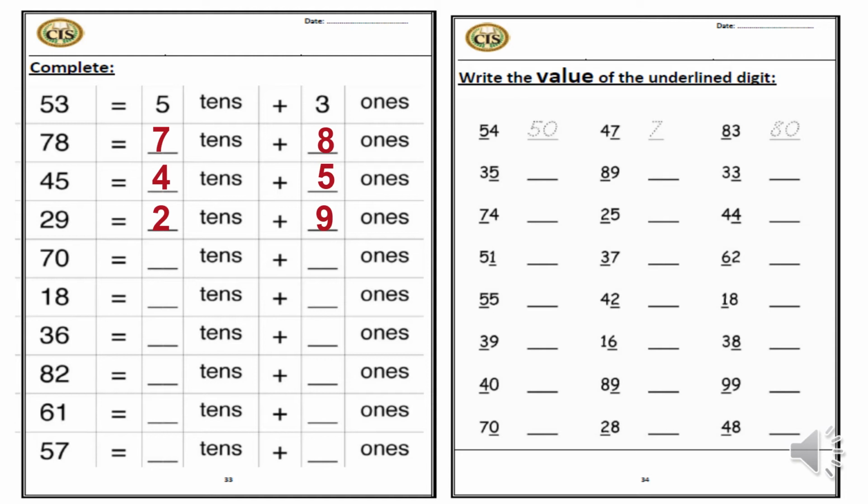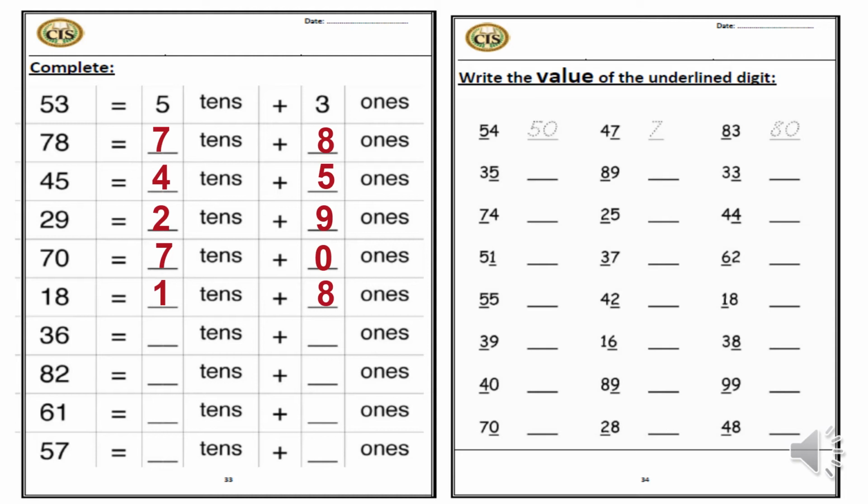Next we have here number 70. We wanted to get tens and ones. So in tens we will put 7, in ones 0. Next we have here 18. In tens, which number, 8 or 1? 1. 8 in ones.